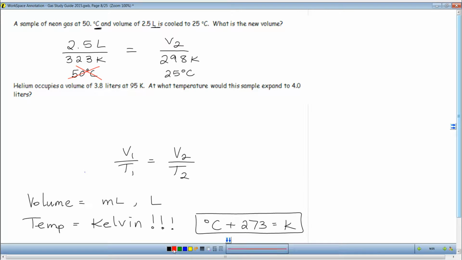And I know it's really tempting, but you can't. Okay, so let's just plug this in. We're going to cross multiply. Then we're going to kind of do this and this. So in my calculator, I'm plugging in 298 times 2.5 divided by 323.